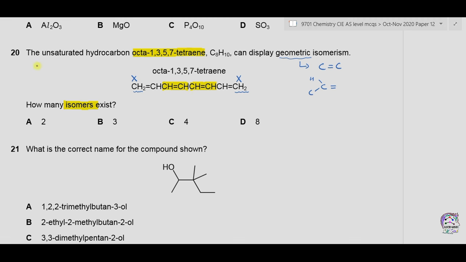Either both of these double bonds show cis isomerism, or one of the double bonds shows cis and the other shows trans. So it could be cis isomerism or cis-trans isomerism, or both the double bonds show trans isomerism.